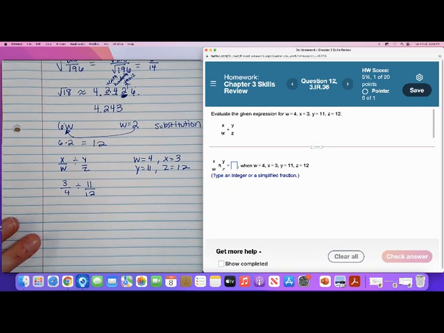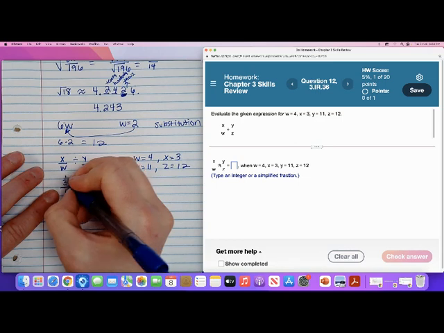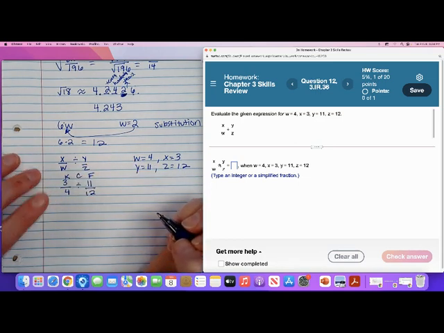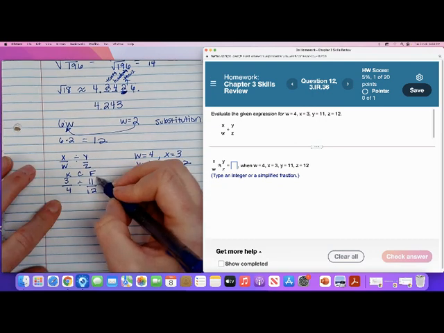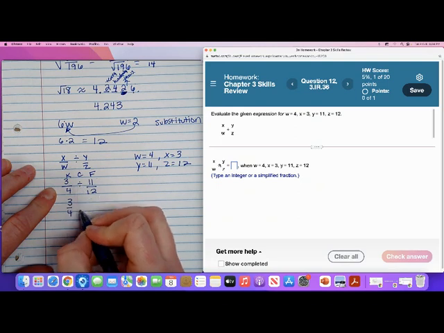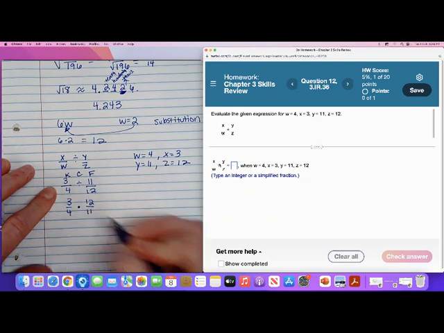So you sub it in. And then anytime you divide fractions, you keep, change, flip. Dividing fractions is the same thing as multiplying the reciprocal. So we're going to keep the first fraction, divide is going to change to multiply, and then flip this to be 12 over 11.